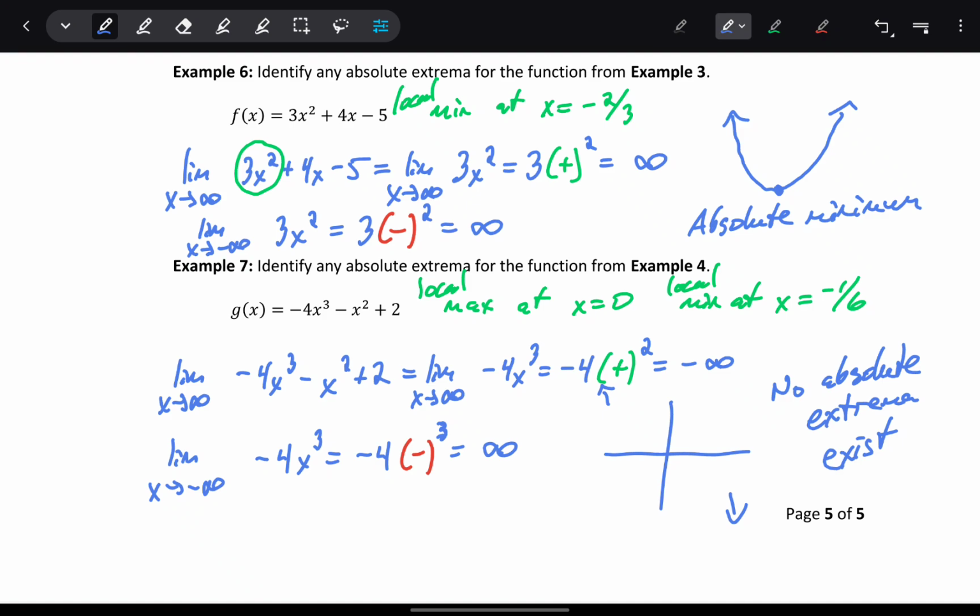In order for an absolute maximum or minimum to occur, the end behavior needs to be the same in both directions, or maybe approaching a horizontal asymptote. But if it's headed off to positive infinity in one direction, negative infinity in another, we know no absolute extrema can exist.